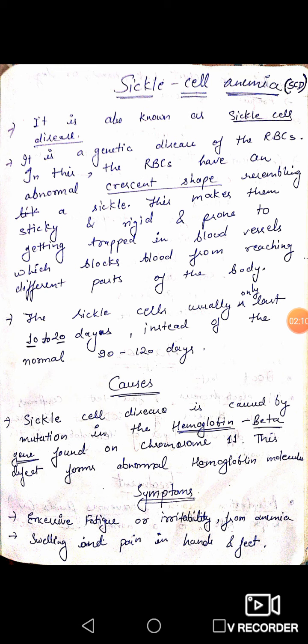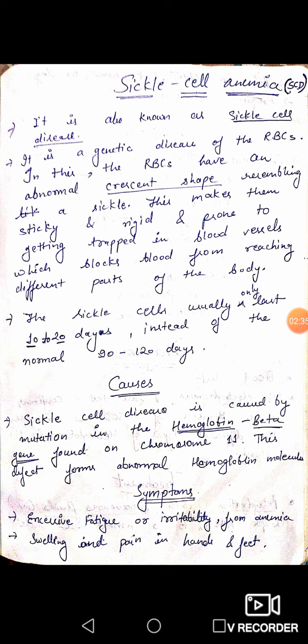Next, the sickle cell usually only lasts 10 to 20 days instead of the normal 90 to 120 days. Our normal lifespan of RBC is 90 to 120 days. After that, new RBC are formed and old RBC are destroyed.